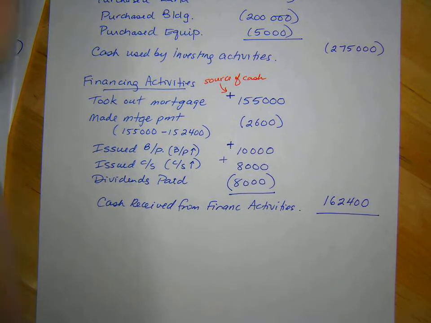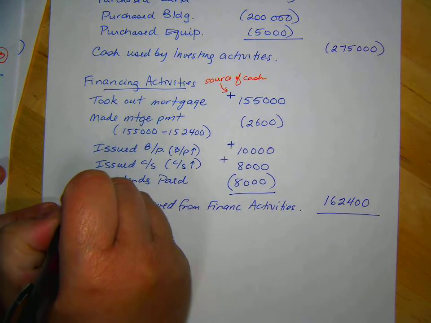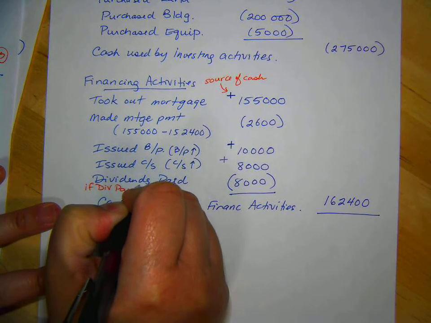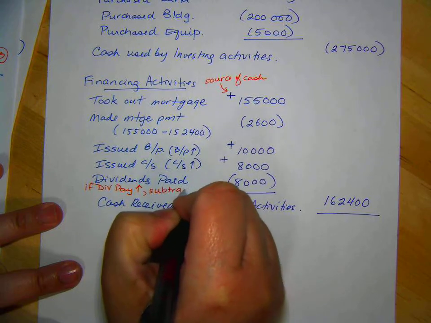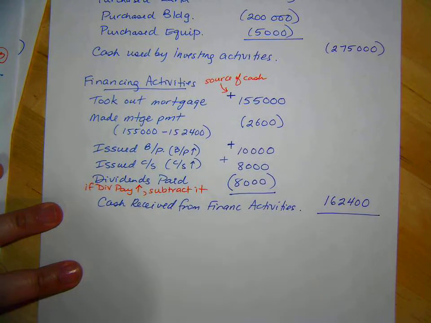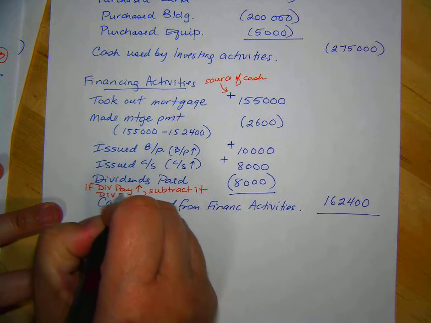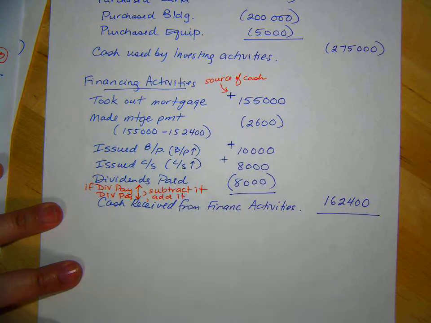So, speaking of the dividends paid, if dividends payable had gone up, subtract it. And that means if dividends payable went down, add it.